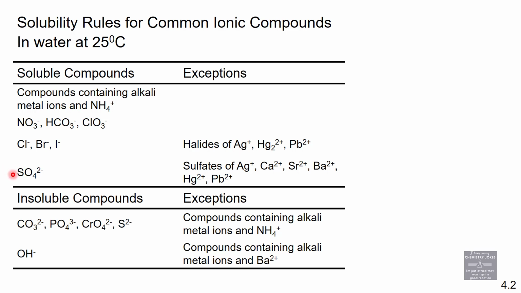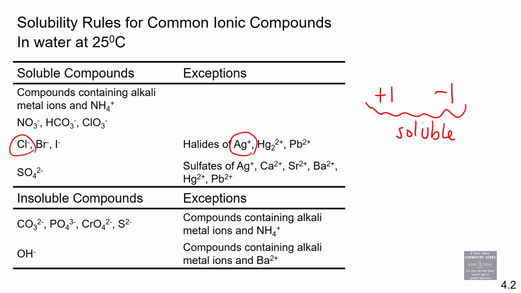Sulfate is one of those that is soluble with most things, but there are a few exceptions to that as well. You may or may not remember, but if we have a +1 cation hooking up with a -1 anion, it's very likely that that's a soluble compound. Is it always the case? No, because silver and chloride is a +1 and a -1.